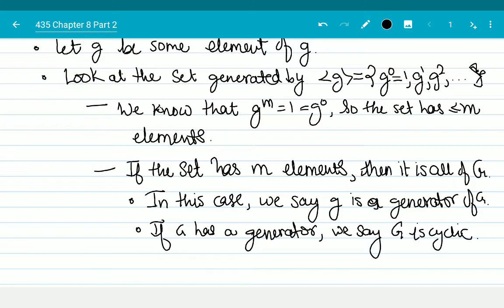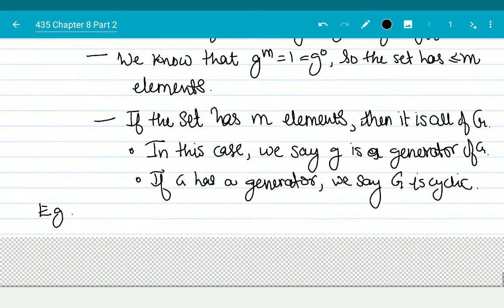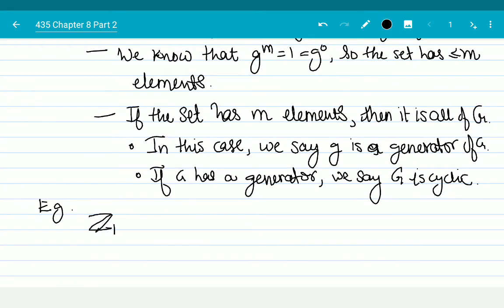For example, any Zn, if I look at the group under addition, is always cyclic, for all n.